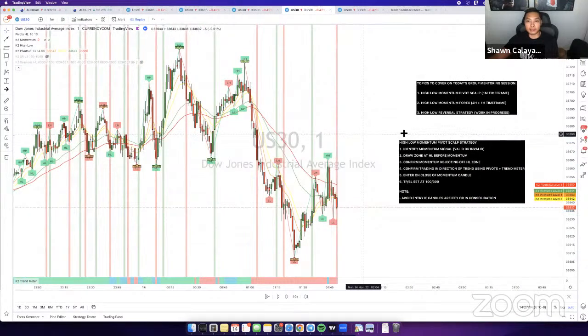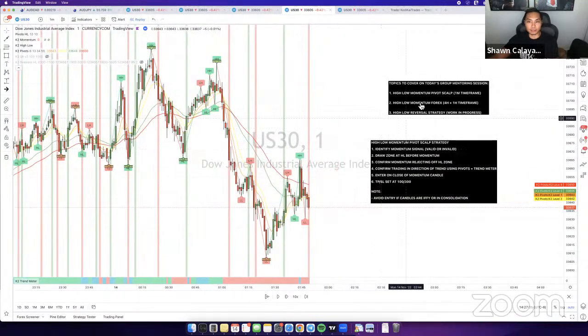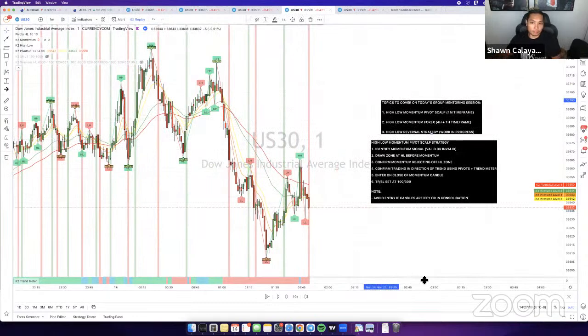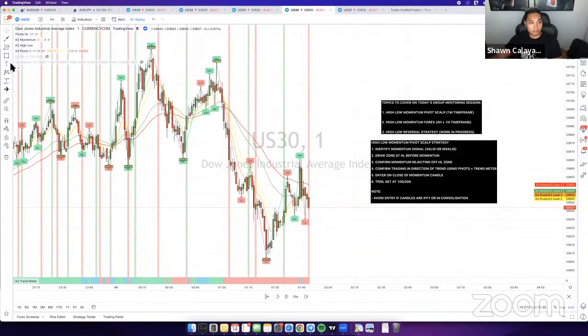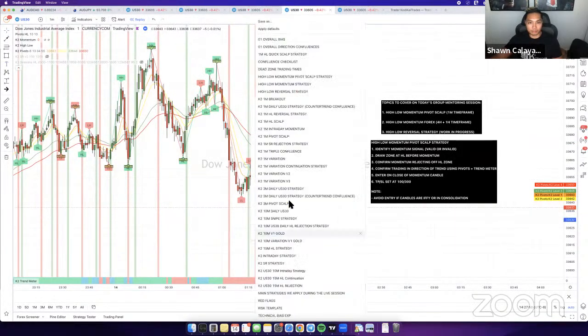So there goes the example of the high-low momentum pivot scalp strategy. As you guys can tell, it's very simple, not too difficult. You just want to make sure you're trading in the direction of the trend. I'm going to add this as well to the actual high-low momentum. The two main things that you want to follow would be trend and momentum.